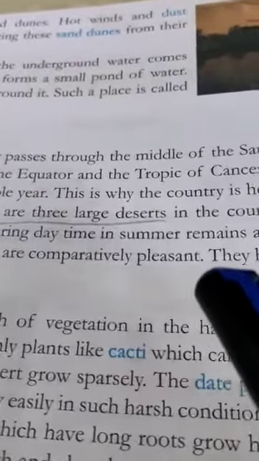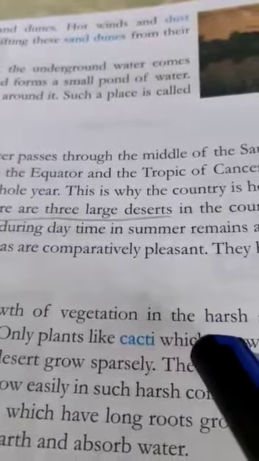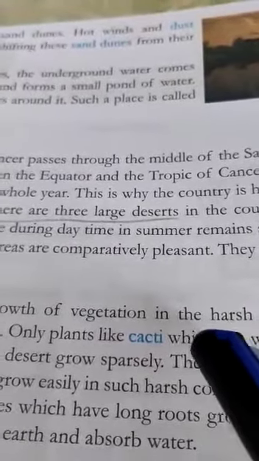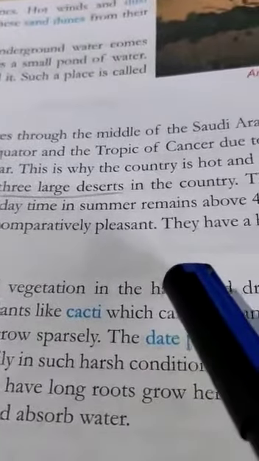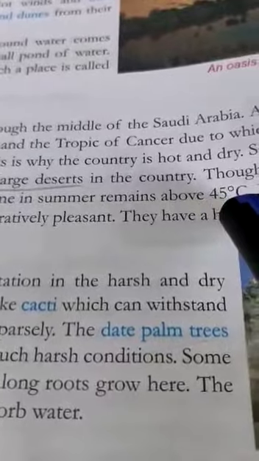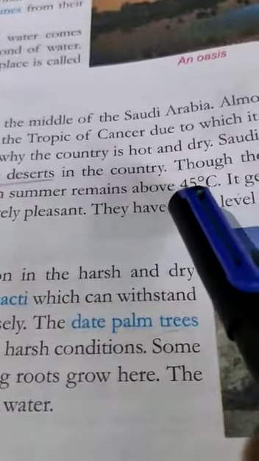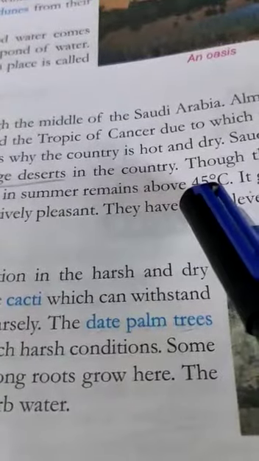Though the nights are cool, the temperature during the daytime in summer remains above 45 degrees Celsius. That means very, very hot. Here in Assam, when it is 31 or 33, we feel very hot.